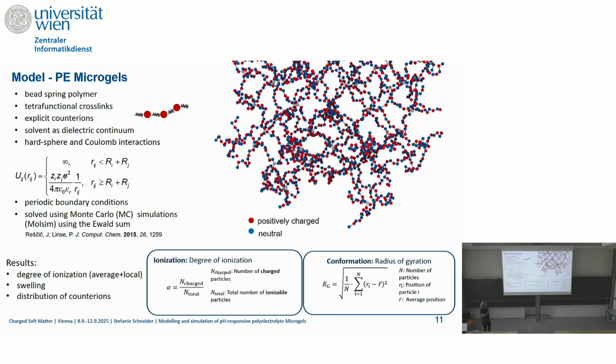And the solvent is a dielectric continuum. So we have the Coulomb potential. In some cases, we also added attractive potentials, but I will not talk about this today. And as a result, as I said, we obtain the degree of ionization alpha and the swelling and distribution of counter ions.